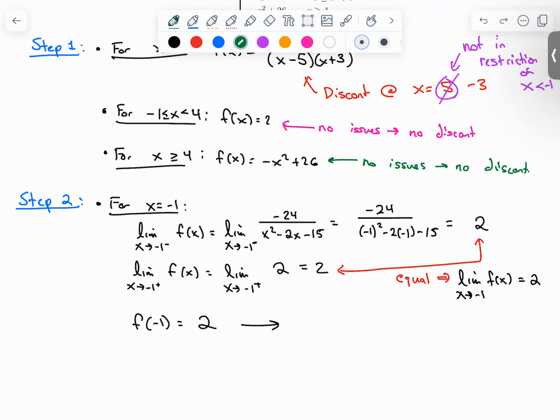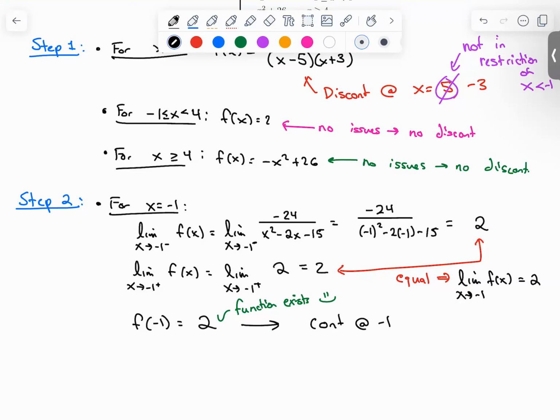I'll even write function exists. Smiley face, which means that it's continuous at -1. Function exists, the limit exists, and they're both 2, so it is continuous.